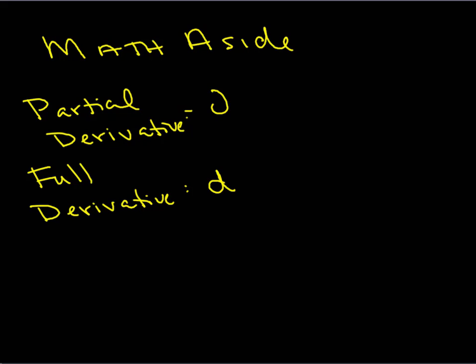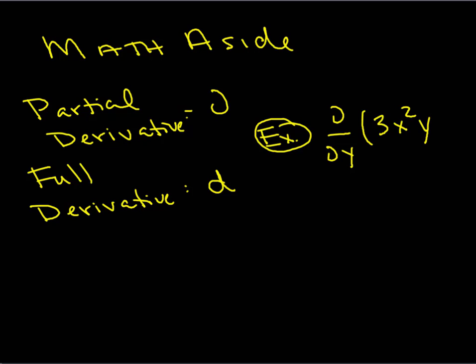And so if we were to do a quick example of a partial derivative with respect to y on a function of 3x squared y squared, we are only doing work to y itself.